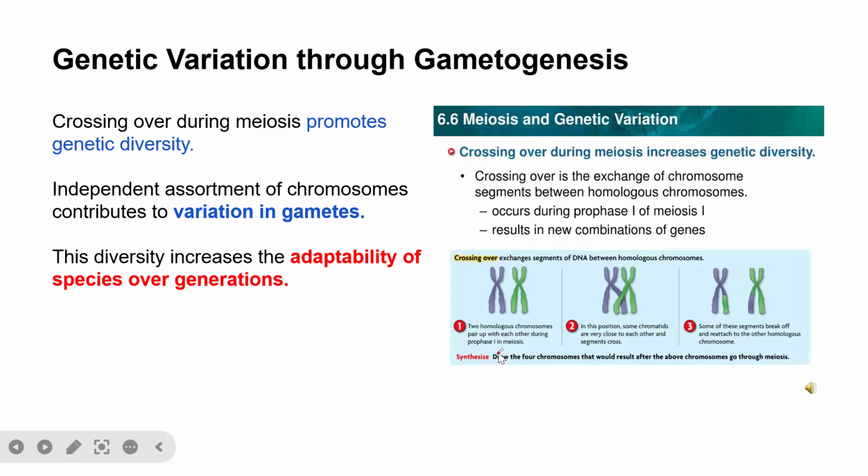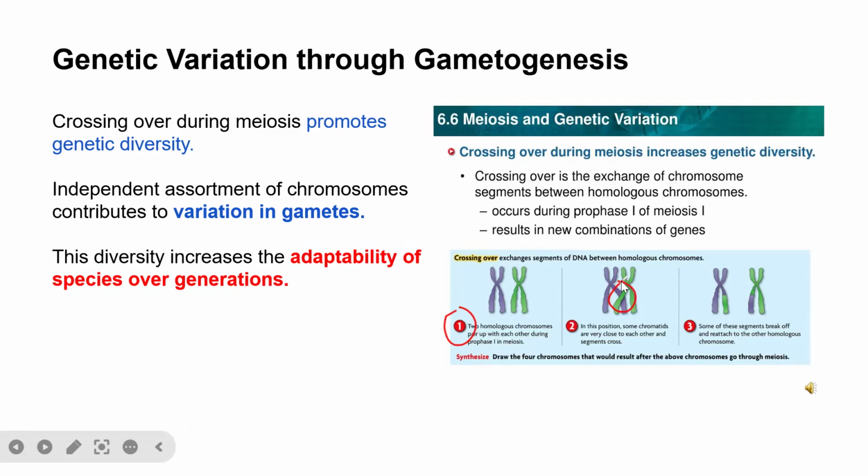So as we can see, crossing over during meiosis increases genetic diversity. Crossing over is the exchange of chromosome segments between homologous chromosomes. Look at it, ladies and gentlemen. At the first stage here, we have two homologous chromosomes. These two homologous chromosomes pair off with each other during prophase 1 in meiosis. So during prophase 1, they will align or pair off with one another. So this is what happened here.